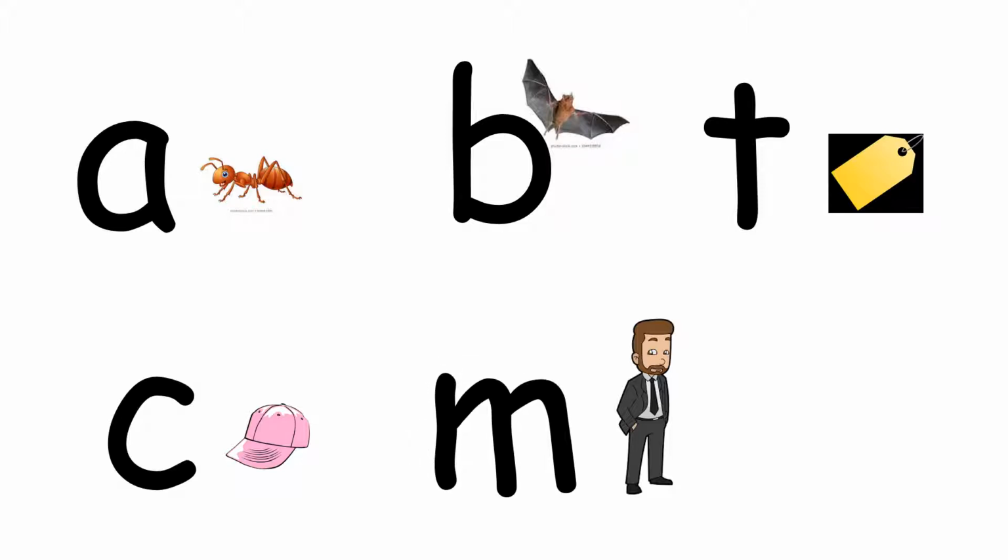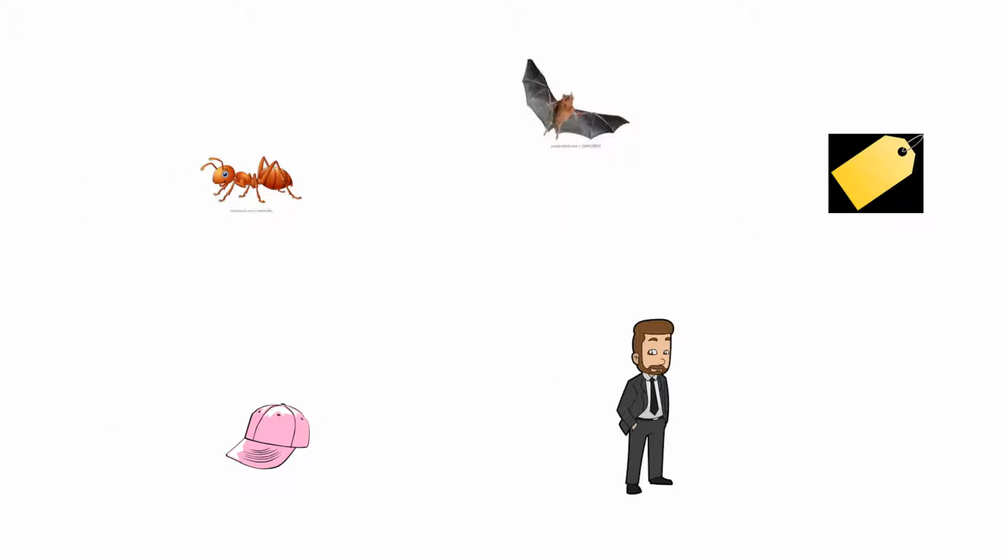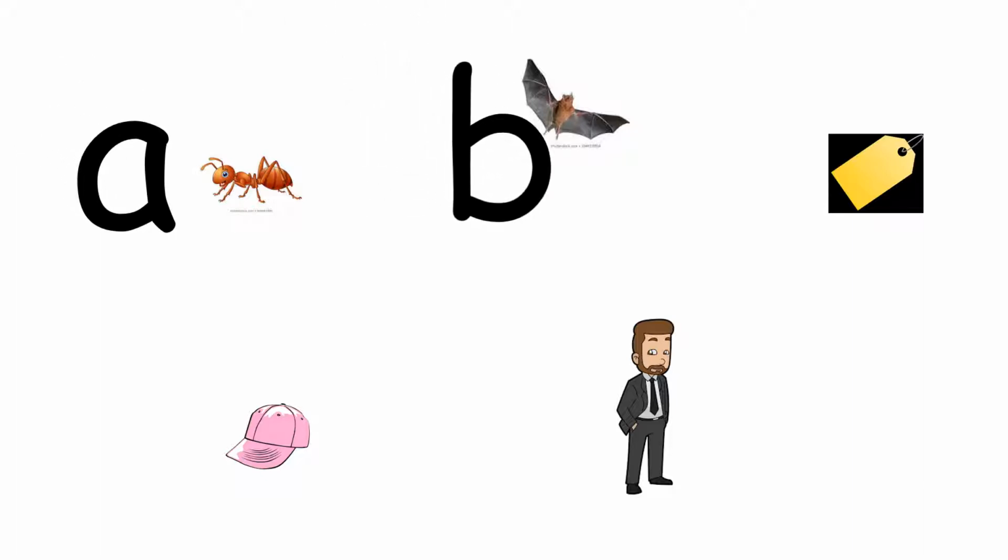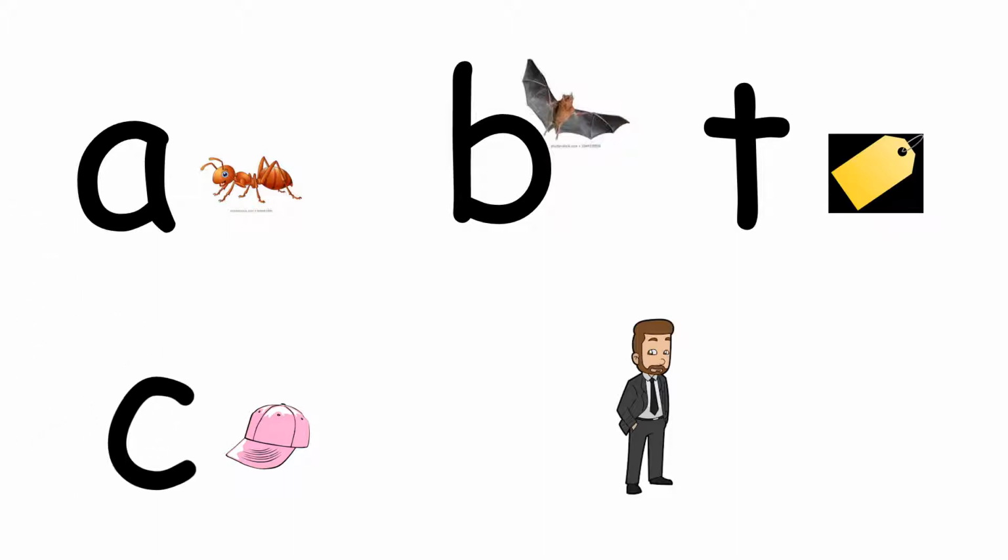All right, good job. Okay, so this time we're going to say the sounds and the pictures. Ready? A, ant. B, bat. T, tag. K, cap.